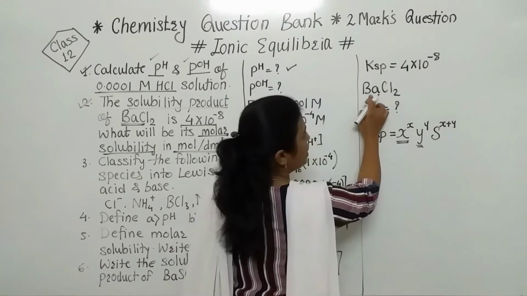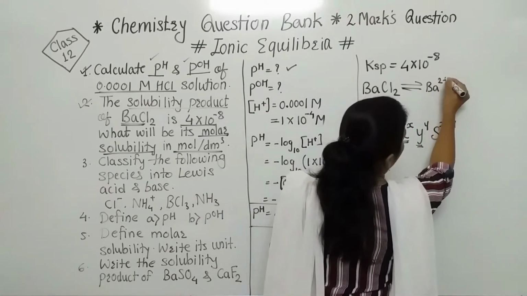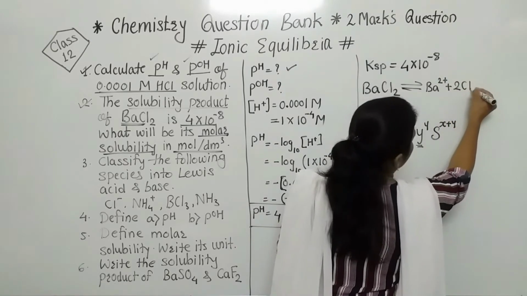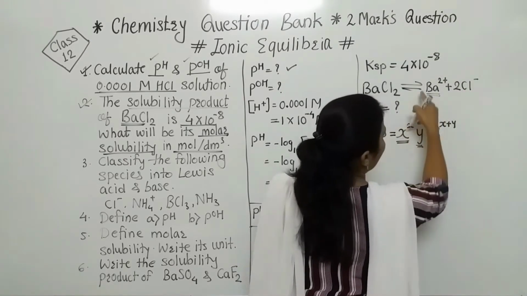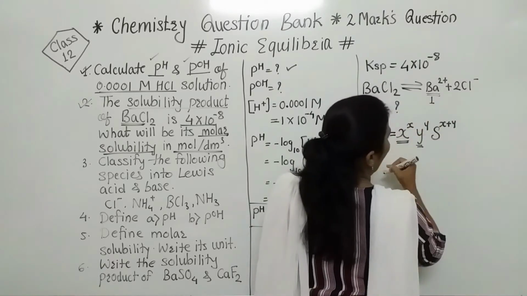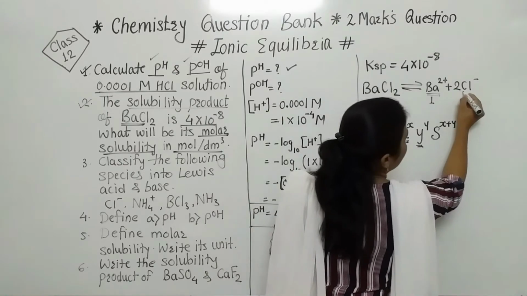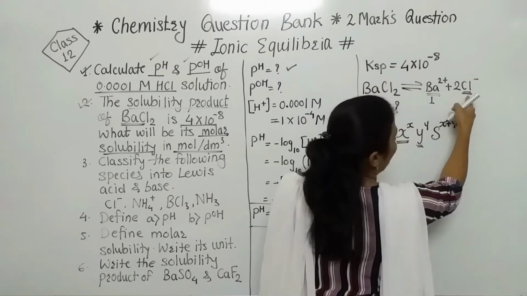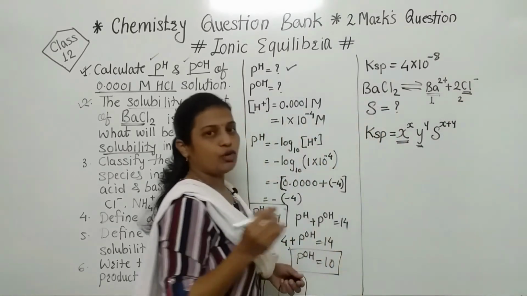BaCl2 gives Ba2 plus and 2Cl minus. In front of this cation nothing is there, meaning that number is 1, and this is the value of x. Next one, Cl minus, this is the anion. How many Cl minus are formed? That is 2, meaning here 2 is the value of y.